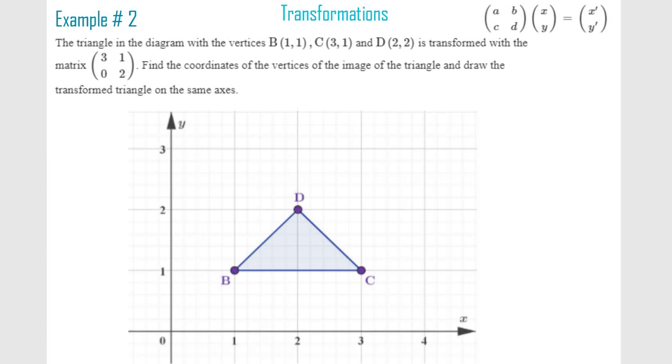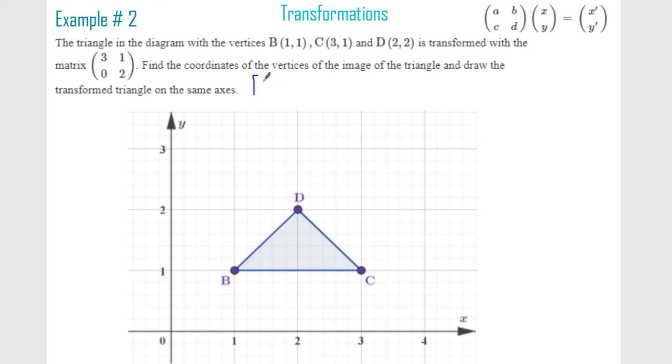All right, so let's do some transformations. The triangle is transformed with this matrix, so find the coordinates of the vertices. How we can do a transformation is in your IB booklet. We could do one point at a time. This is our transformation matrix, and we multiply it by the point.